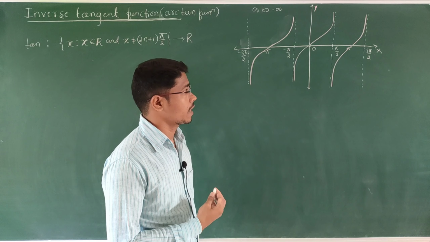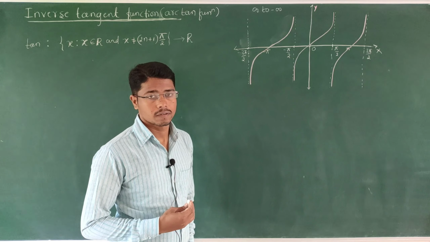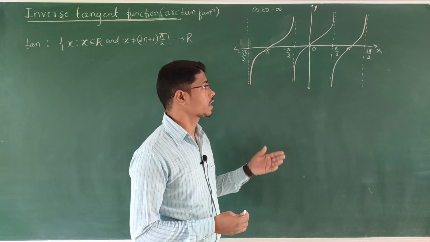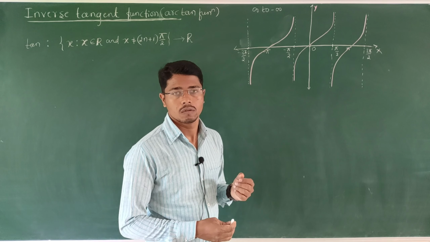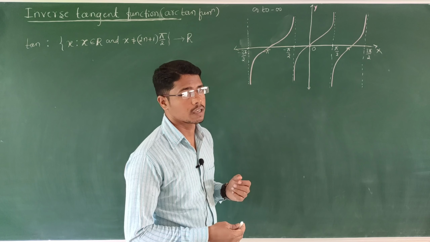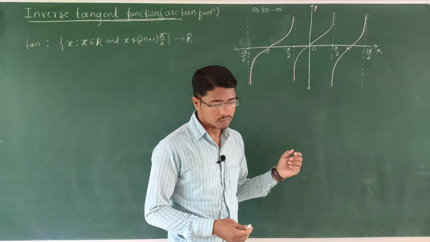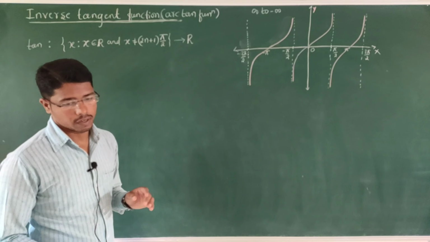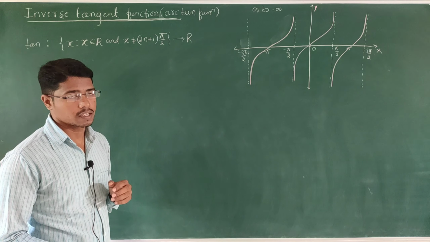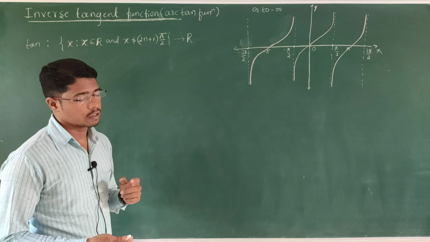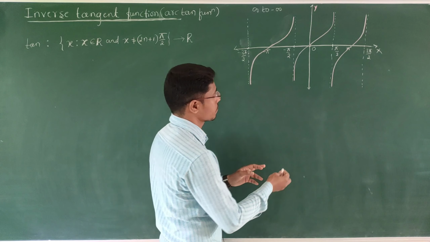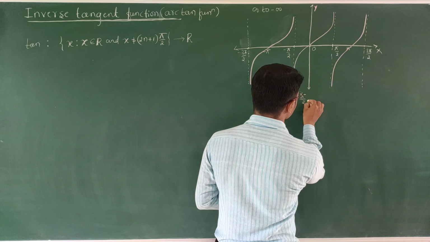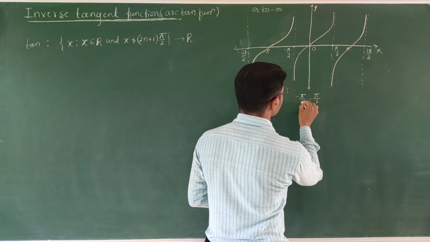Next, to make it one-one and onto, we have to restrict its domain and range. The tangent function becomes one-one and onto on the interval −π/2 to π/2.